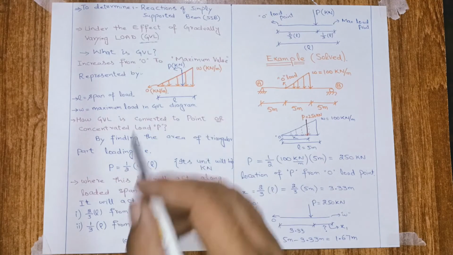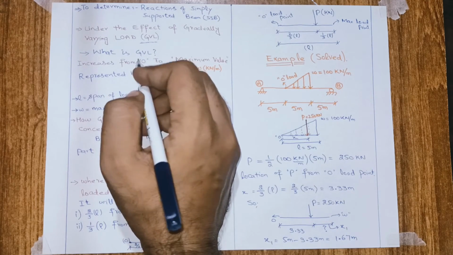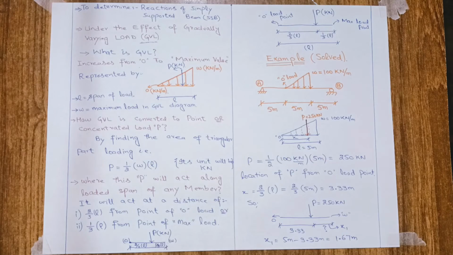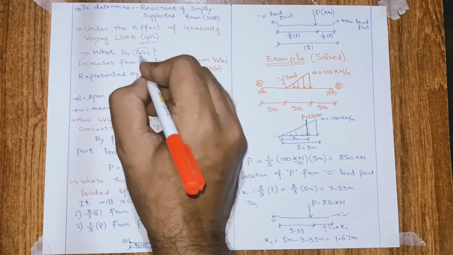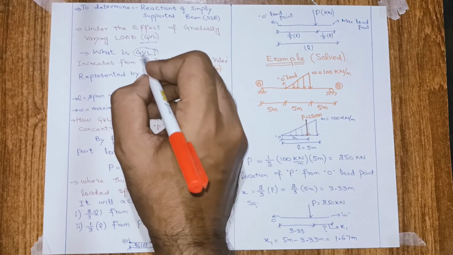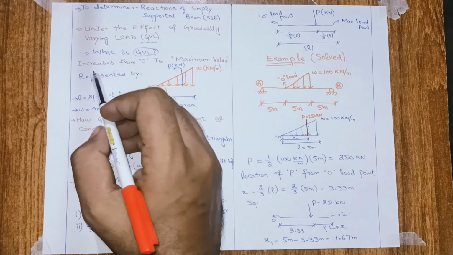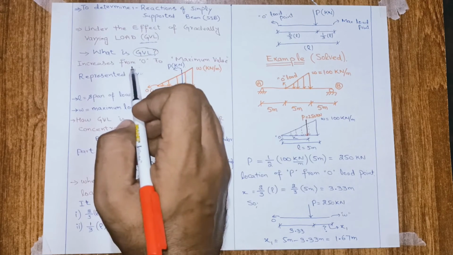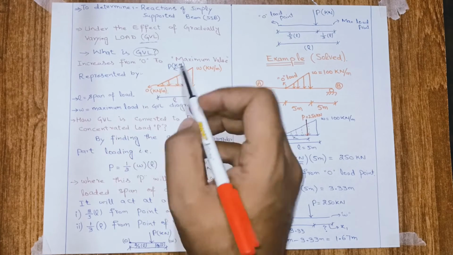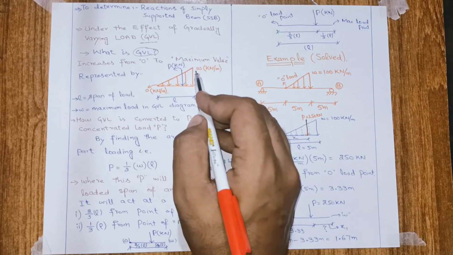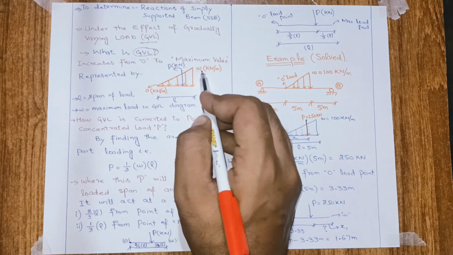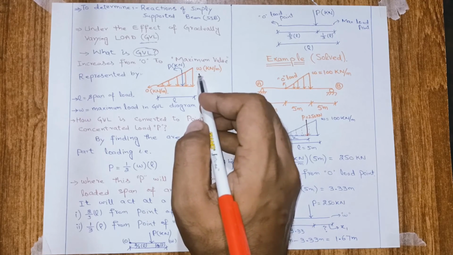Now the question arises, what is GVL? Gradually varying load. This is a load which increases from a value of 0 kilonewton per meter to a maximum value of W, or any notation which is used in books of different authors.